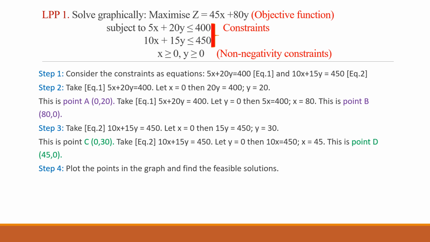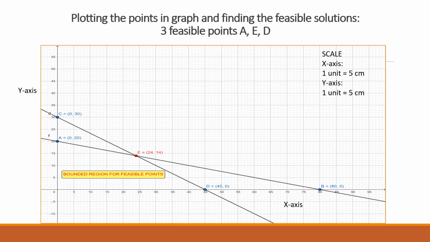Now we have 4 points A, B, C, D which have to be plotted on the graph, and using this we will find the feasible solutions. This is how the graph is plotted, and the scale is 1 unit equal to 5 centimeters, both on the x axis and y axis.